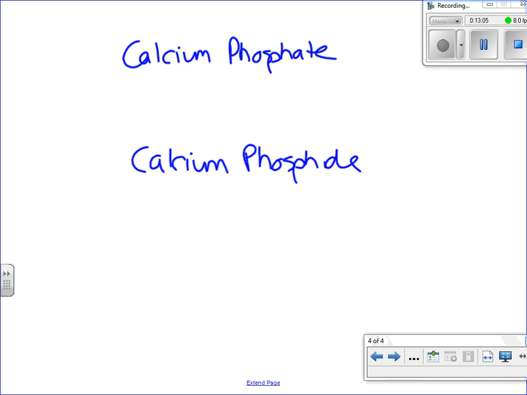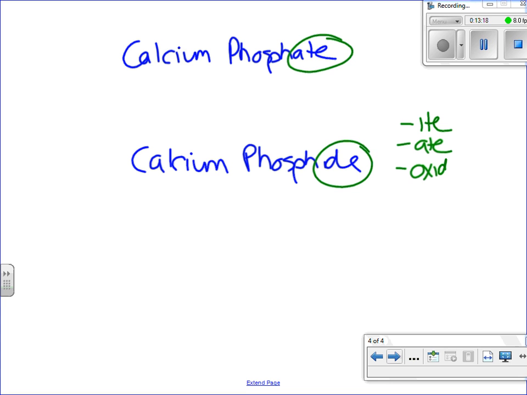The difference here is the ide versus the ate. If it ends in ate, ite, or it's a hydroxide, you need to use table E.